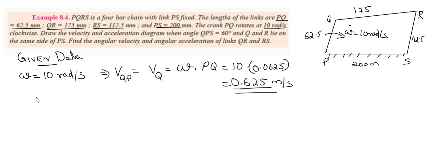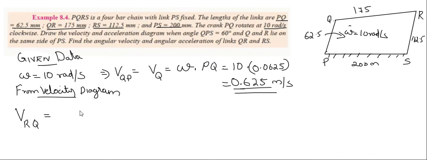From the velocity diagram we got VRQ. So I am writing from velocity diagram we got VRQ is equal to 0.333 meter per second. So we can find omega RQ from that.